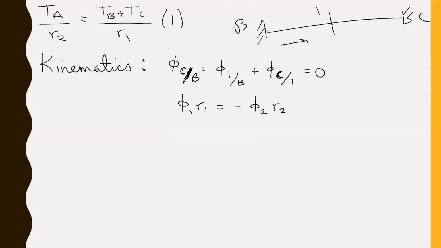So I'm saying 1 relative to B and C relative to 1. If you did the other way, if you wrote B relative to 1, that would be going the other direction. You're just going to get the opposite of it. So depending on whether you envision B being held still and you're measuring the rotation of 1 relative to it, or you envision the other, you're going to get a different sign because it'll be either clockwise or counterclockwise, whichever way you're looking at this member.